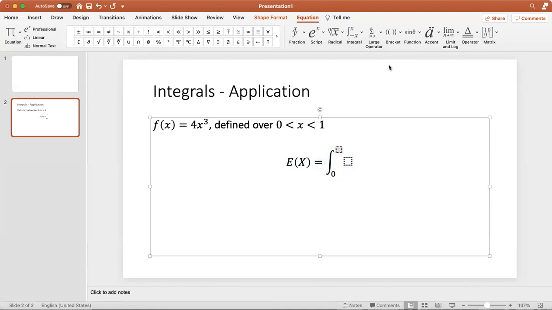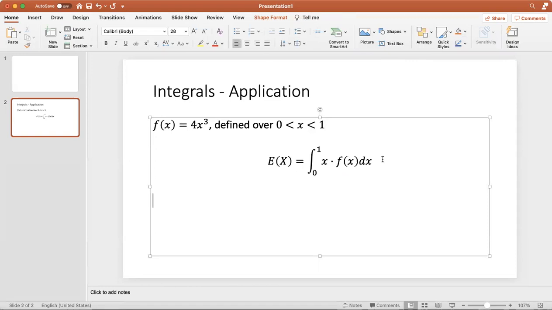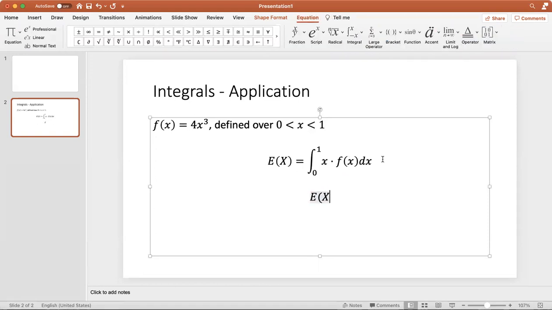So you have the integral from 0 to 1 of x times f of x dx. We're basically using f of x as weights. Given its density function, f of x, these are the weights, and x would be all of the possible values of x, and we know that's defined between 0 and 1. So the average, the expected value of x here would be just the integral.